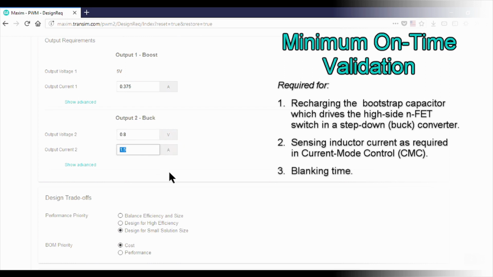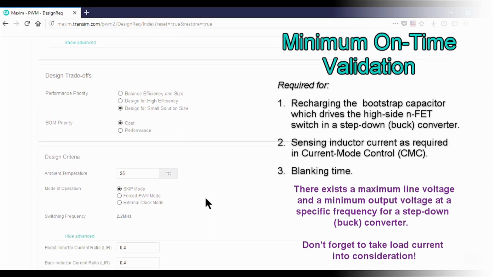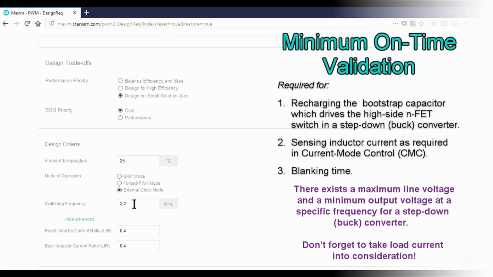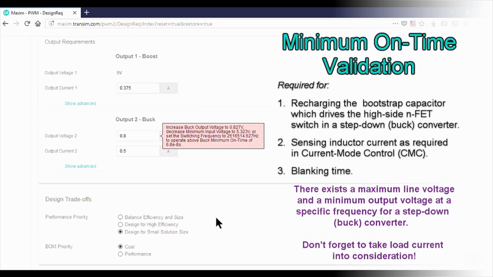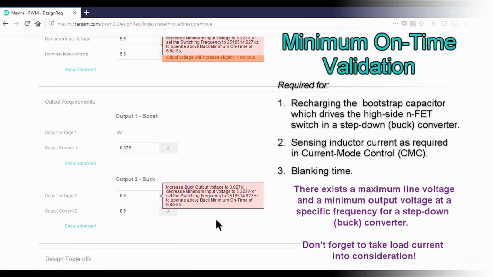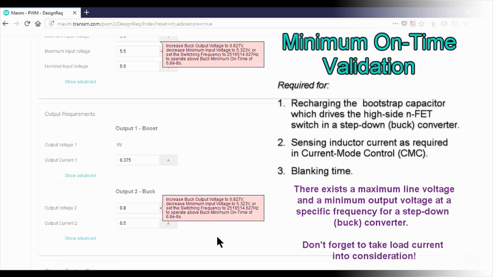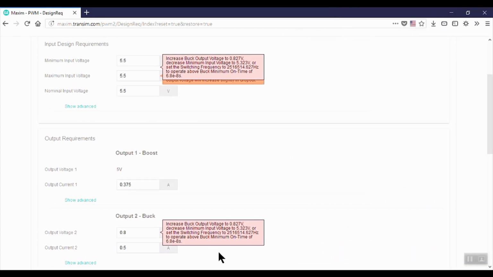A minimum on time sets the minimum duty cycle. This means that the buck converter is constrained to a maximum line voltage and a minimum output voltage for a specific switching frequency. If your application requires a duty cycle that is smaller than the minimum set by the converter's minimum on time, that converter may not provide the regulated output voltage required by your application.